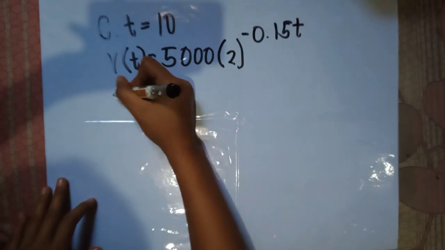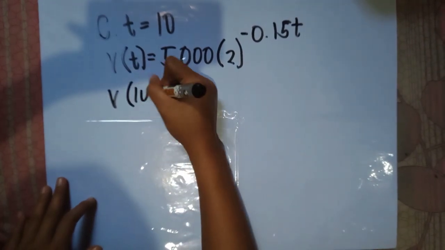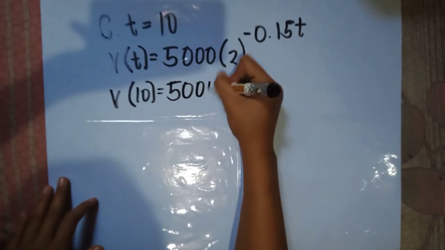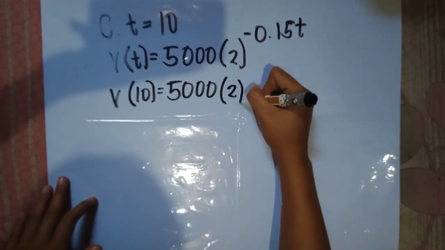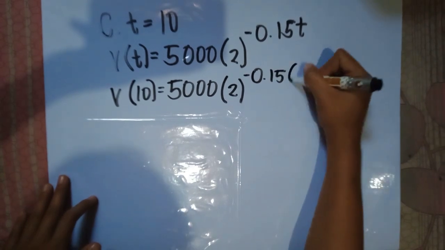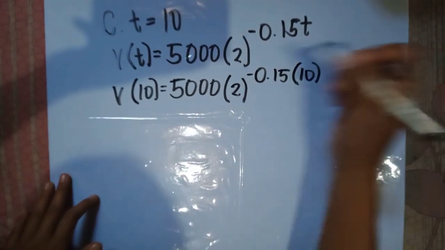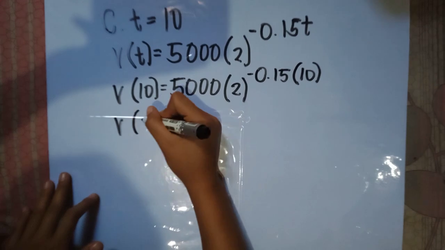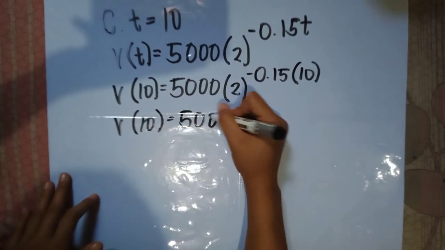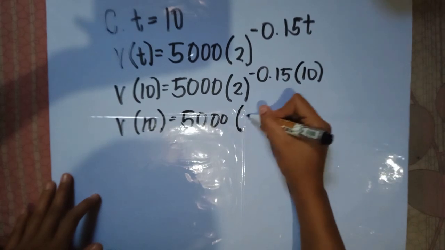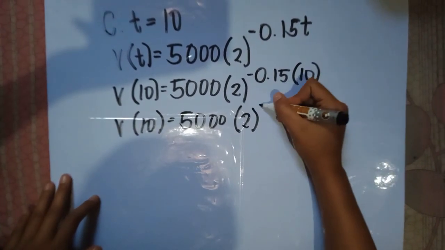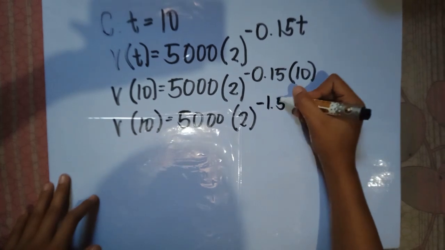The equation becomes v of 10 is equals to 5,000 times 2 raised to the power of negative 0.15 times 10. V of 10 is equals to 5,000 times 2. Negative 0.15 times 10 is negative 1.5.